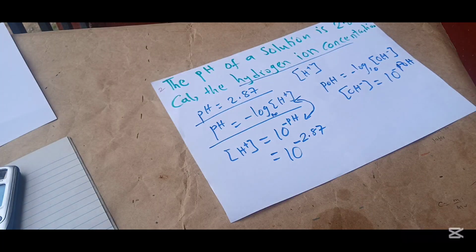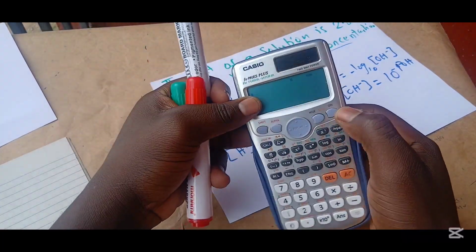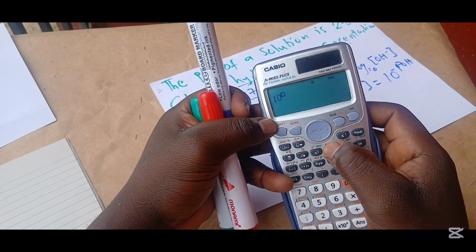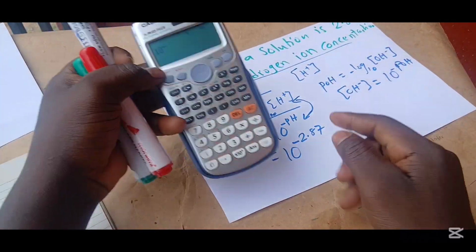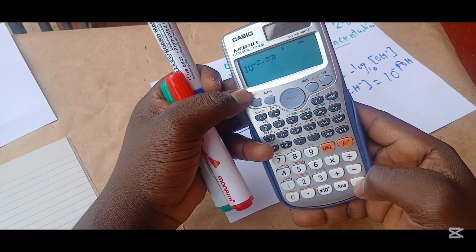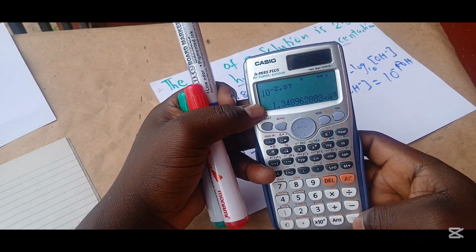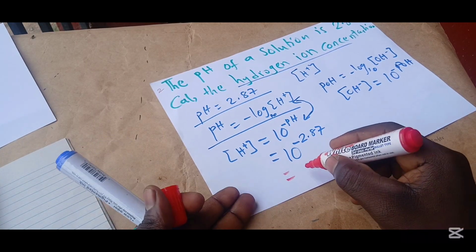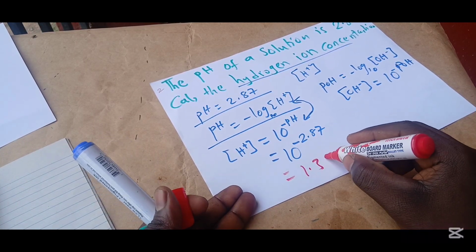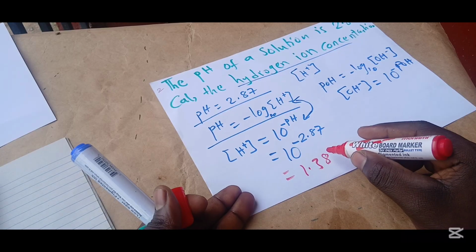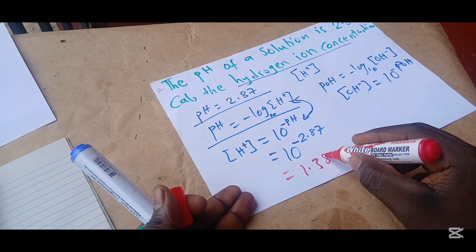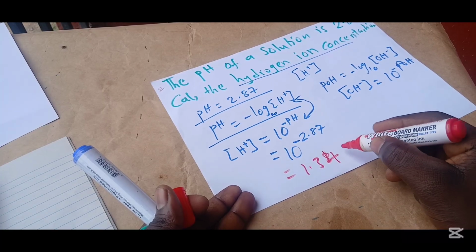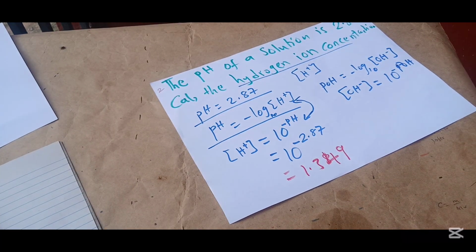So now you can use your calculator. 10 to the power negative 2.87, and this gives you 1.3489. So we can just round it to 9. So that is it for this problem.